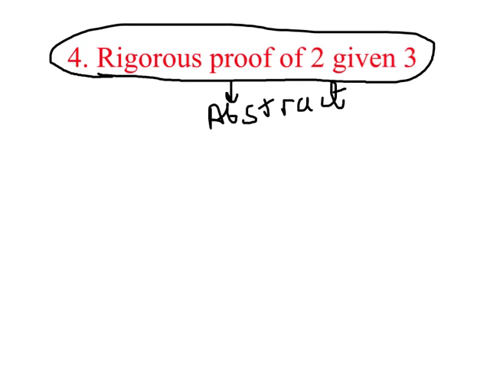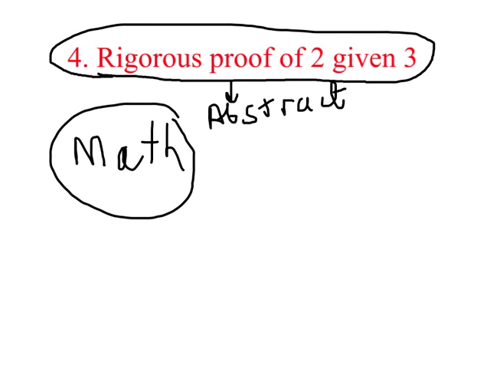Now, we know math or mathematics is the highest or the most logical subject, and it is highly developed. And what we do in economics is we use mathematics to prove or disprove anything.